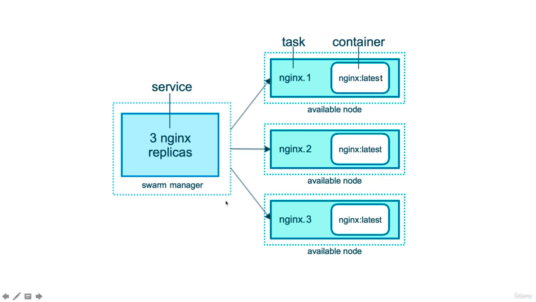And in a swarm, it replaces the Docker run command and allows us to add extra features to our container when we run it, such as replicas to tell it how many of those we want to run. And those are known as tasks. A single service can have multiple tasks, and each one of those tasks will launch a container.